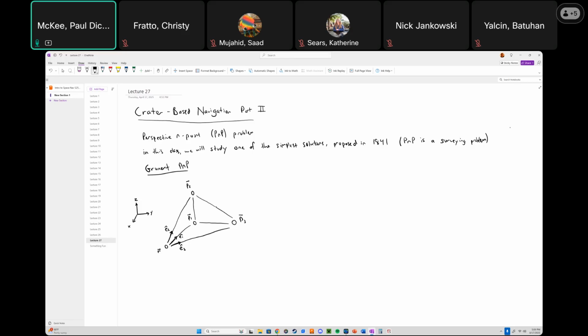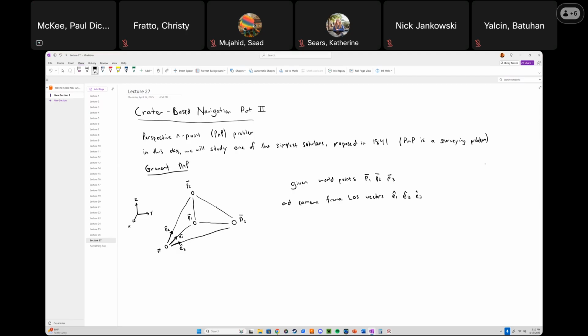So this is given: world points P1, P2, P3, and camera frame line of sight vectors E1, E2, E3.